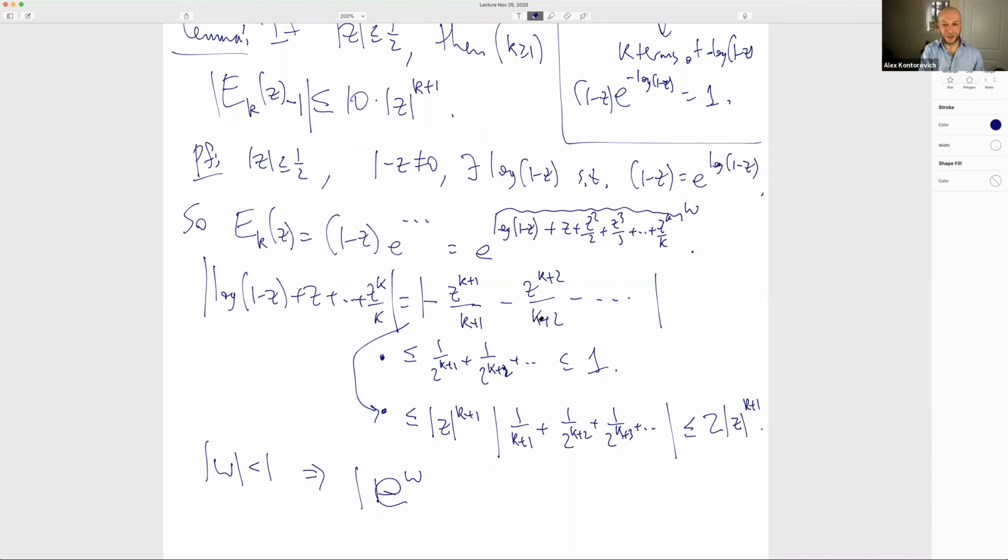So e to the W is this minus 1. I'll leave this as an easy exercise. If W is at most 1, then e to the W minus 1 is at most 5W. Just think about the Taylor expansion of e. You subtract 1, the next term is W, and then there's some limiting thing which is at most e, but e is less than 5.